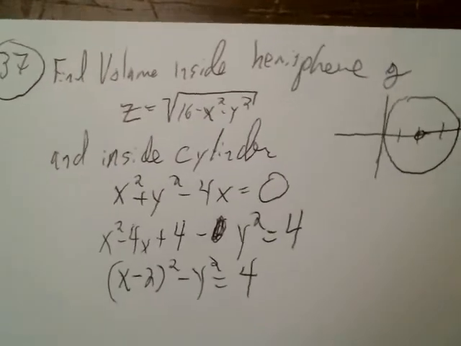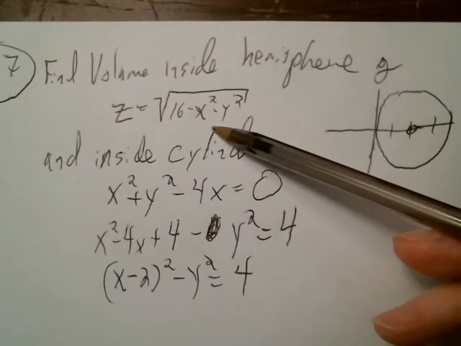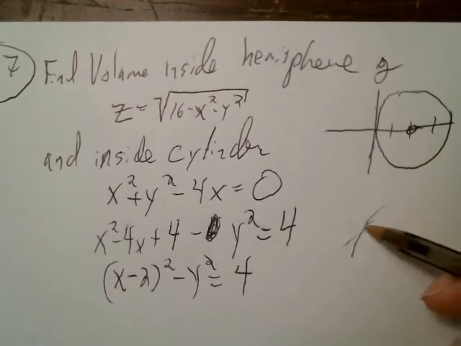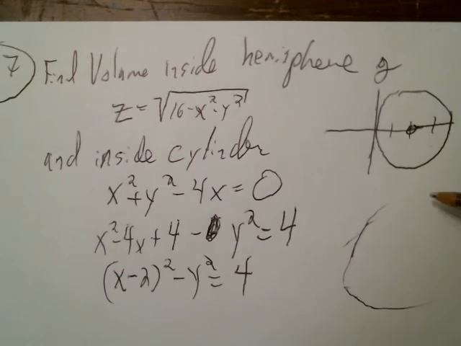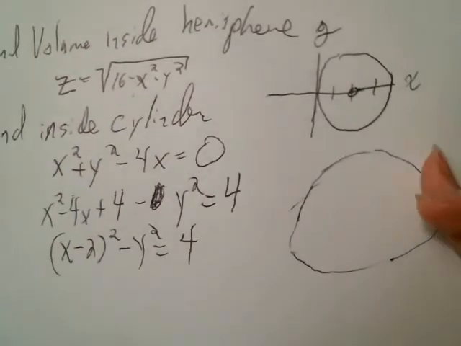We're trying to find the volume over top of this and then underneath this. So you imagine you take the upper hemisphere of the sphere given by z equals square root of 16 minus x squared minus y squared.